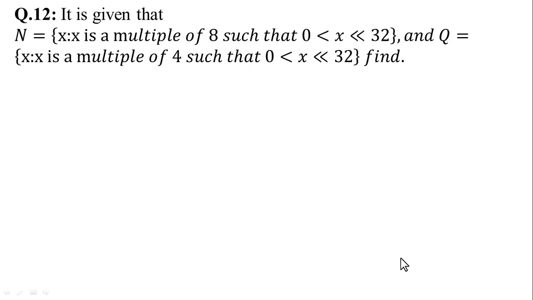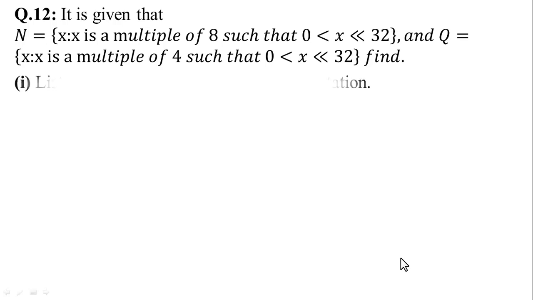It is given that N is equal to the set of x such that x is a multiple of 8, where x is greater than 0 and less than or equal to 32, and Q is the set of x such that x is a multiple of 4, where x is greater than 0 and less than or equal to 32.